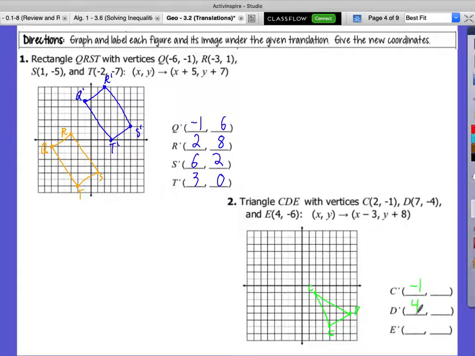Negative 1, 4, and 1. And this becomes 2, 4, and 7. Okay, now we plot these new points. E prime is there. E prime is here. And E prime is right here. And we graph this triangle.